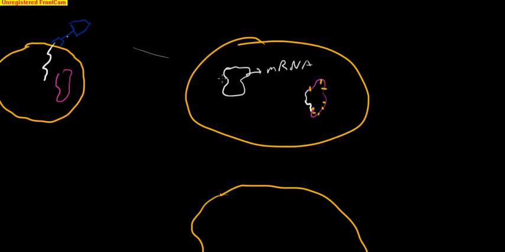And then it's going to come across the virus's messenger RNA, and that's going to make the cell start duplicating the virus as well.